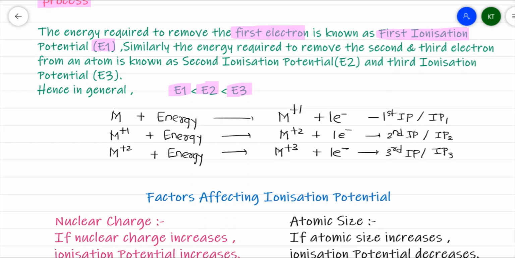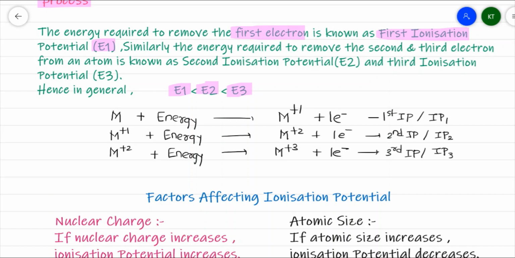As a result of this increased positive charge, they are pulled closer to the nucleus, and you'll observe that the size decreases. So they are tightly held. As a result, every time I'll be spending more energy to remove the second electron than the first, and more energy to remove the third electron than the second.